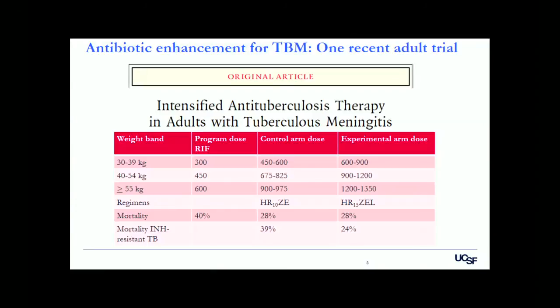You can see that mortality in the middle column is 28% with the control arm dose and also 28% with the experimental arm dose, which is 50 mg per kg rifampin. And we are also learning from the TB pulmonary trials that increasing the dose up to 50 milligram per kg is probably not enough to have certain better outcomes.